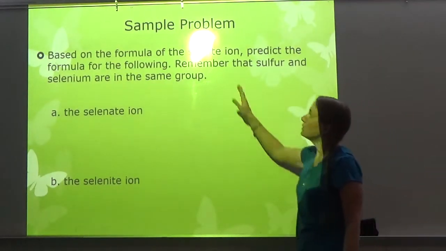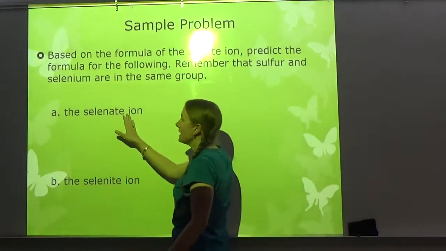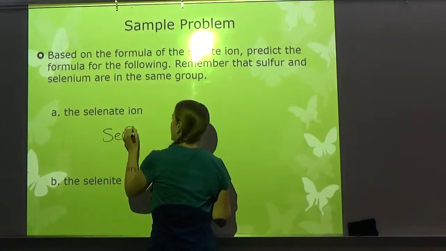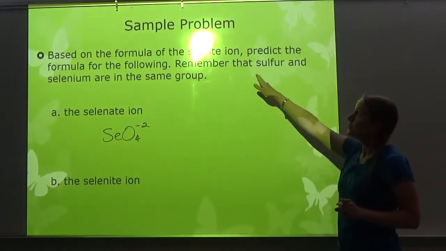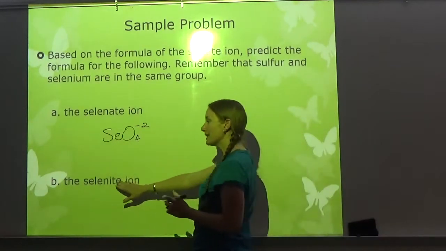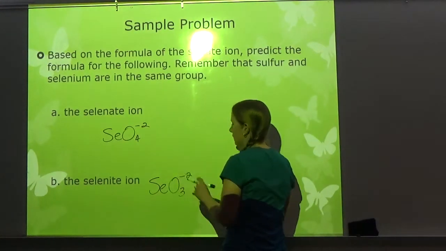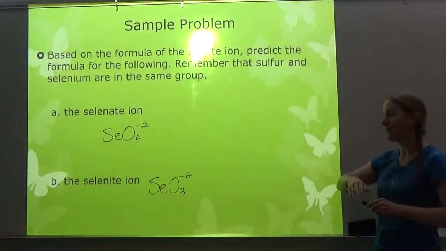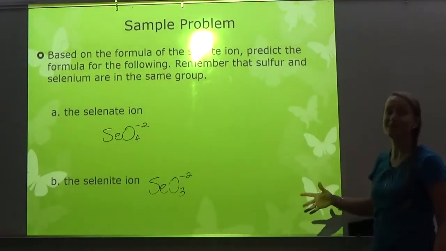So since we know sulfate is SO4 -2, the selenate ion would be SeO4 -2, because Se is selenium. And then sulfite is SO3 -2, so selenite should be SeO3 -2. So remember, elements in the same group on the periodic table have similar properties, and so they tend to form similar type ions.